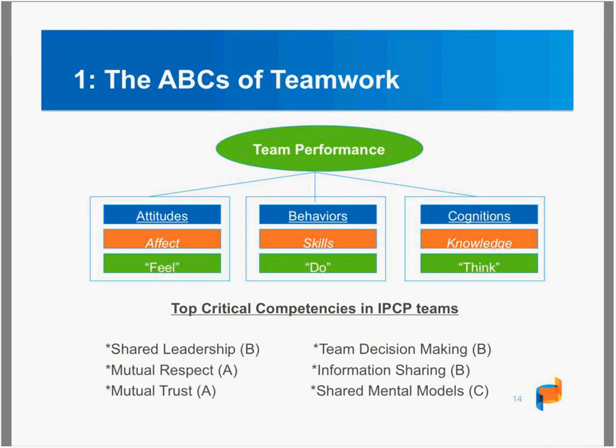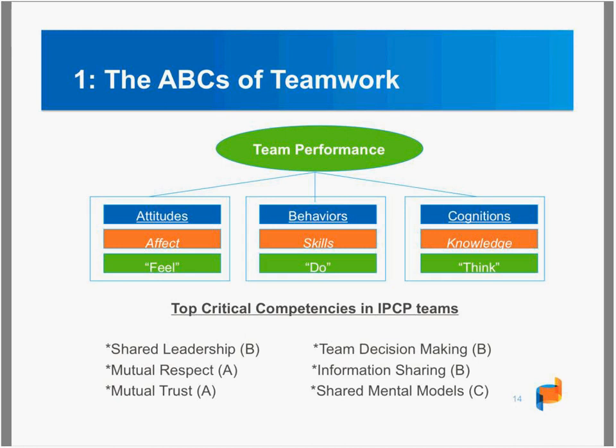The first guide, which is on teamwork, like I said, is really organized around the ABCs of teamwork. So as some of you know, teams do think and feel, and if they do, they have to have skills or behaviors. If they think, they have to have knowledge, which we call cognitions, and if they feel, there are attitudes.